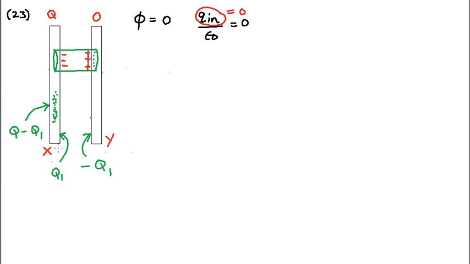We have assumed that the charge in the interior is equal to 0. So the charges are only present here and here, and the total charge must be equal to Q, and that's why I get the charge on the left face to be Q minus Q1 if the charge on the right face is Q1.